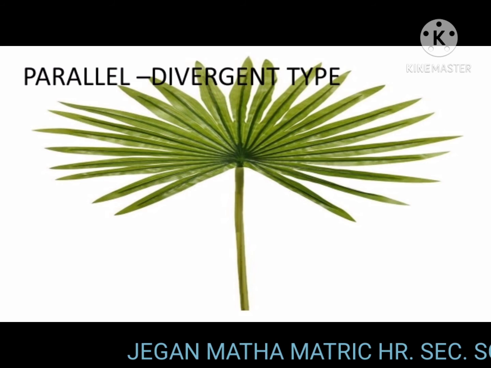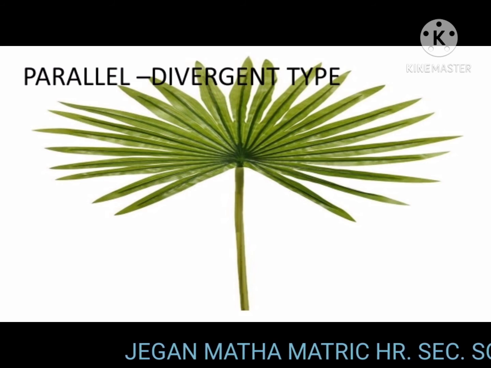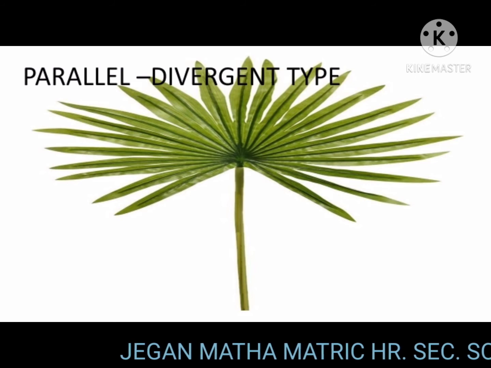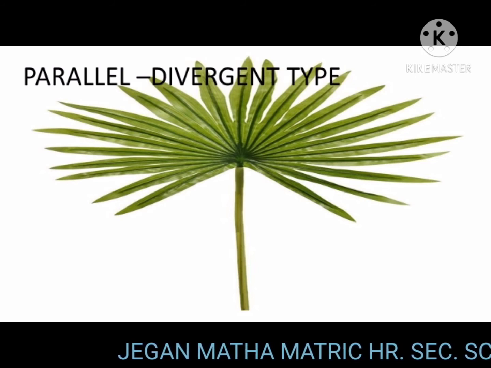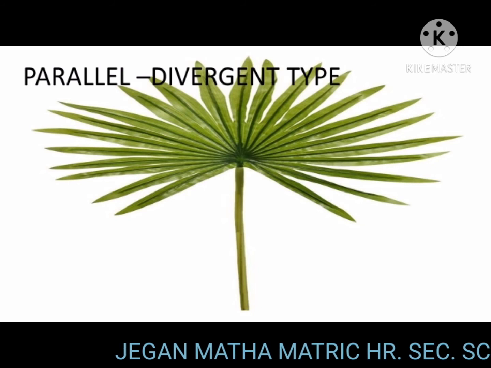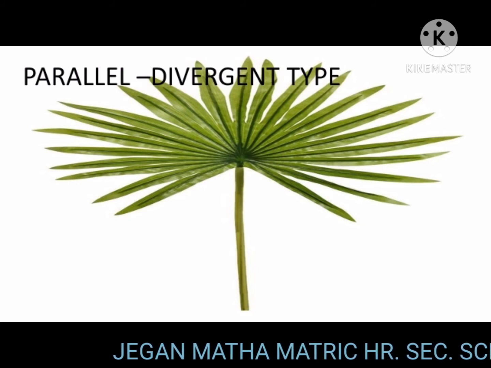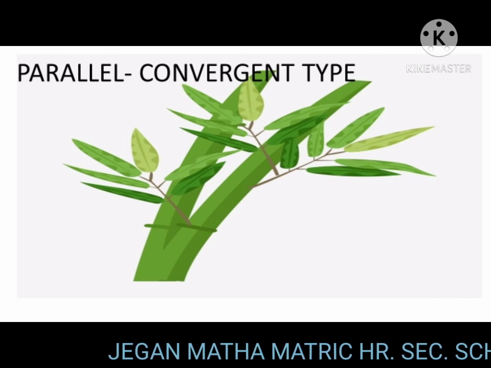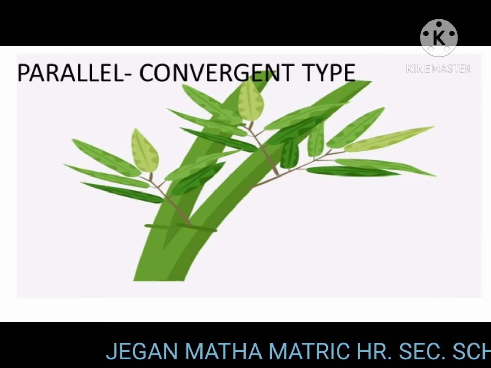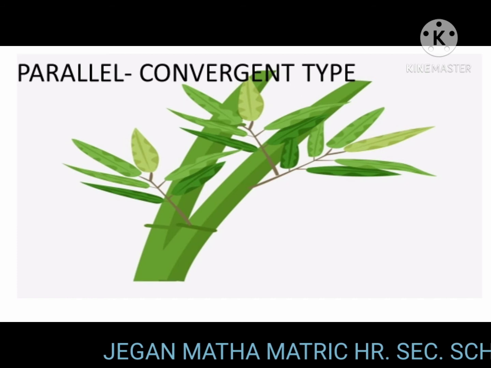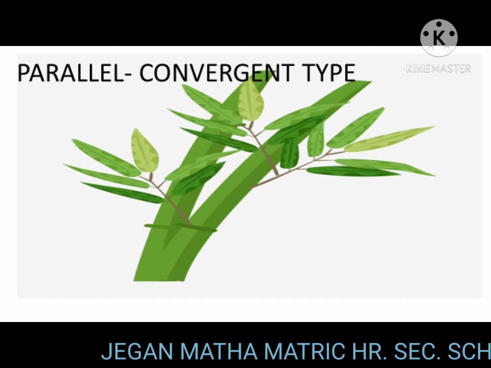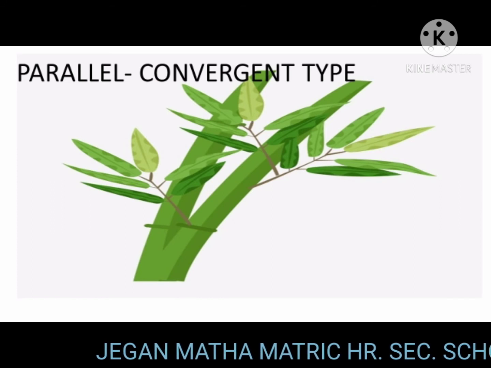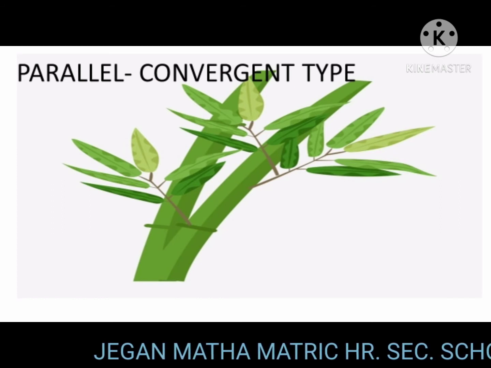All principal veins originate from the base and diverge towards the margin of the leaf, as in fan palm. Convergent type. All principal veins run parallel to each other from the base of the lamina and join at the apex, as in bamboos, rice, water hyacinth.